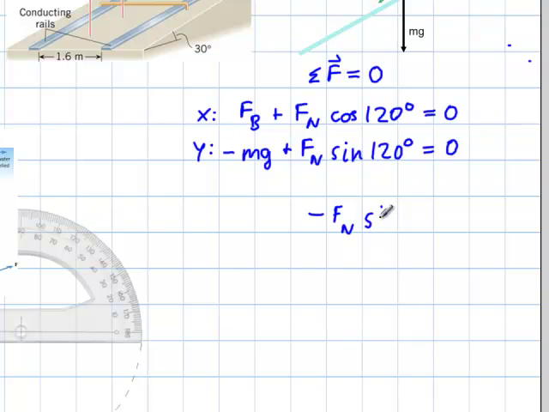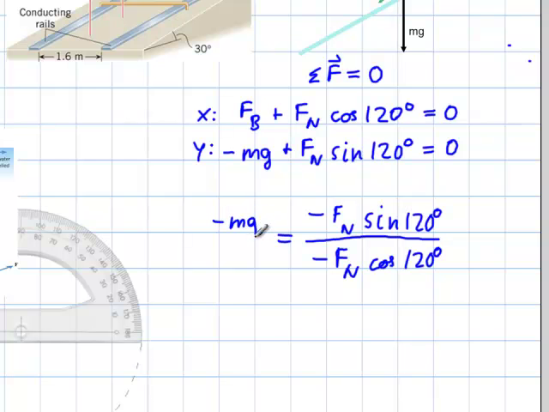I said a moment ago I divide the sine by the cosine, the y by the x, divide by, again I get this to the right hand side, so I'm going to have negative Fn cosine 120 degrees equals, and then I have this on the left hand side, minus mg divided by the magnetic force.